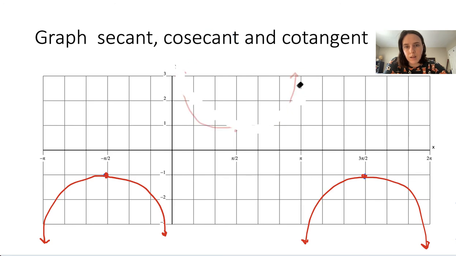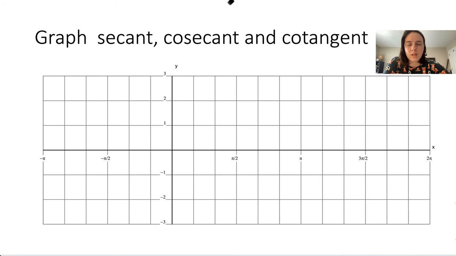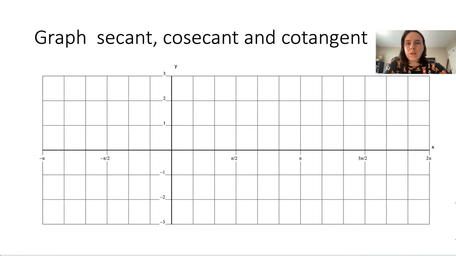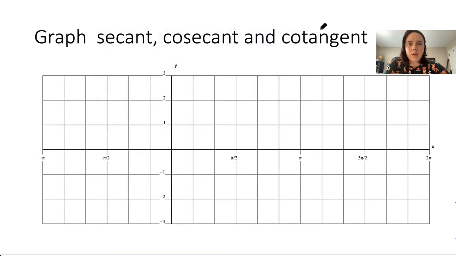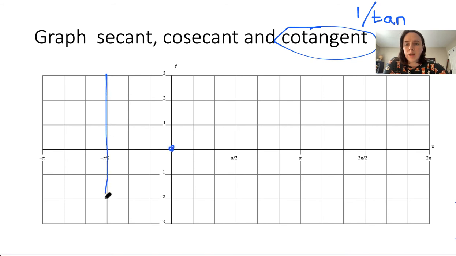All right, so our last one, we want to look at tangent and cotangent. So again, let's start by graphing our tangent, because cotangent is 1 over tan. Now tangent is the weird one of the bunch. So tangent starts at 0, and it only has a period of pi, and it's got vertical asymptotes.